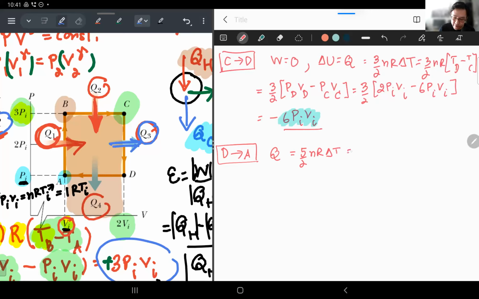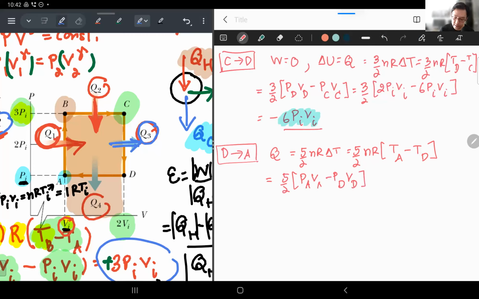And I just say it's 5/2 nR, T final is going to be at A minus T initial is going to be at D. And once again, nRT is PV. So it's going to be 5/2 P sub A, V sub A minus P at D, V at D. Very good.